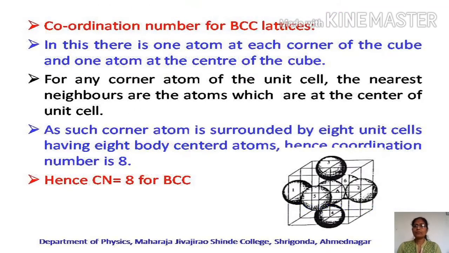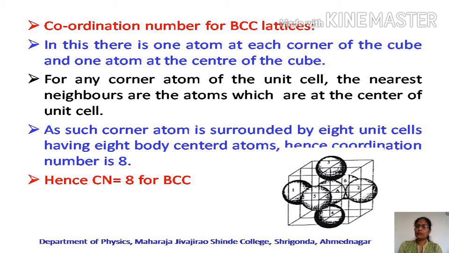Now, in case of BCC structure, there are 8 corner atoms and 1 extra atom which is located at the center of body. For a given corner atom, the nearest neighbor is the body centered atom, and if we count the nearest neighbors in case of a given corner atom, then each corner atom is in contact with such body centered atoms.